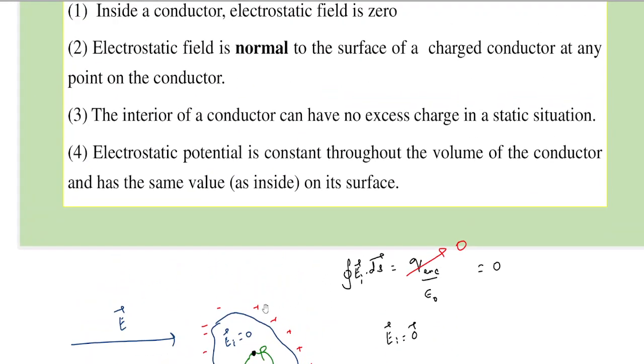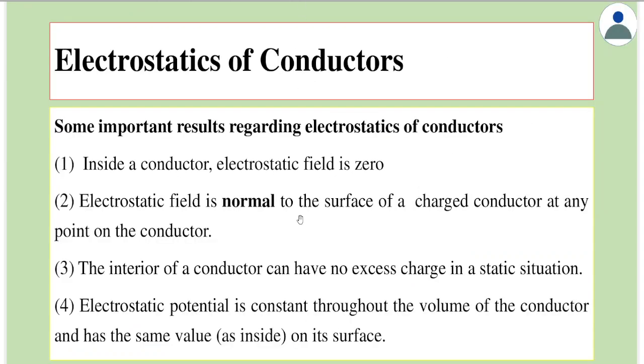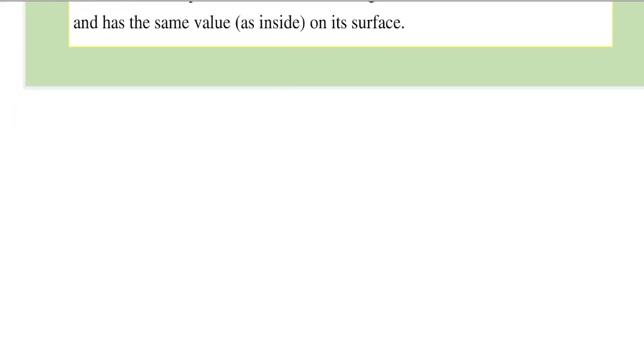The third point is that the interior of a conductor can have no excess charge in a static situation. Here it says excess charge. To understand this, let's think of a conductor of a random shape as given earlier. Suppose we keep on adding charges into the conductor. Because it's a conductor, the charges will start to move to the surface, so it'll keep on piling up here.